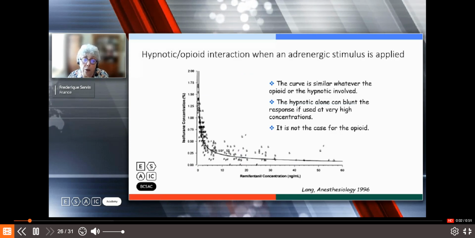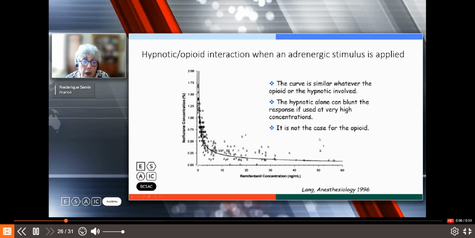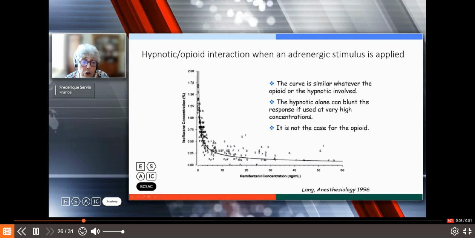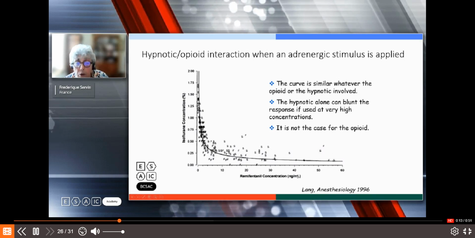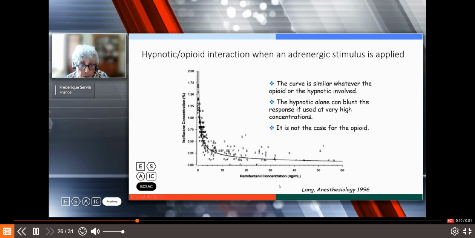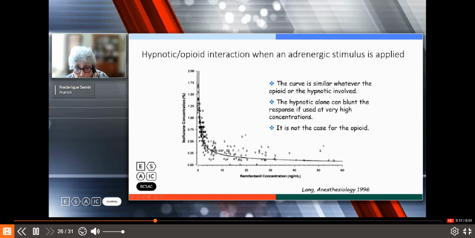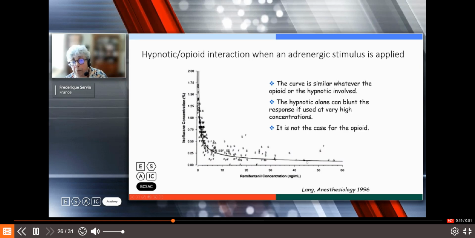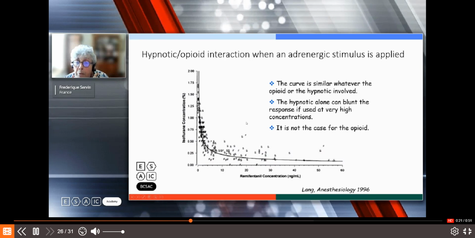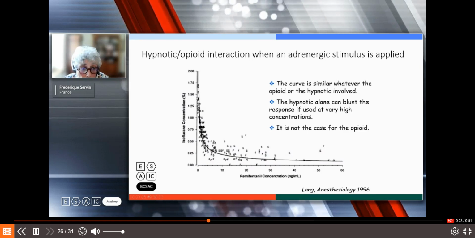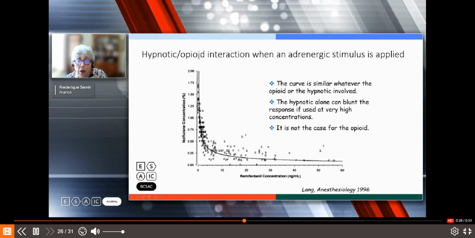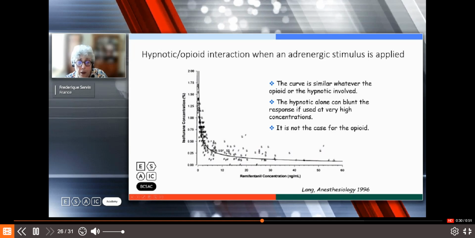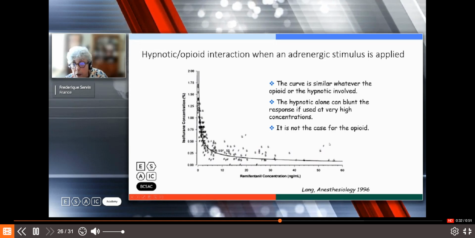When you apply an adrenergic stimulus, you will have, for the association of a hypnotic, whatever the hypnotic, and opioid, whatever the opioid, a profound synergistic relationship. And you can see here, if you put very high hypnotic concentration, you will blunt the response. This is not the case.